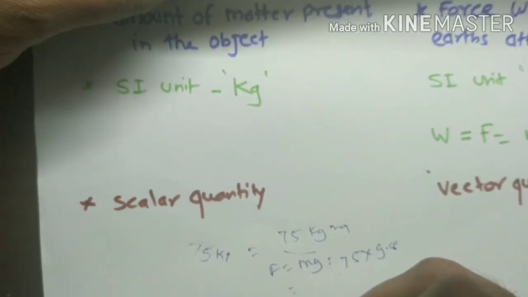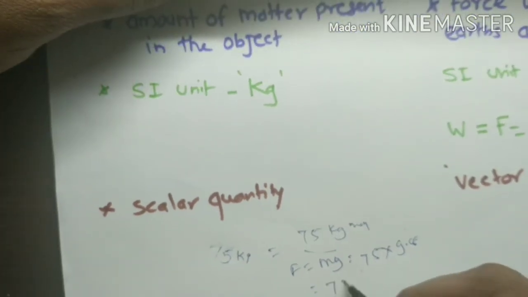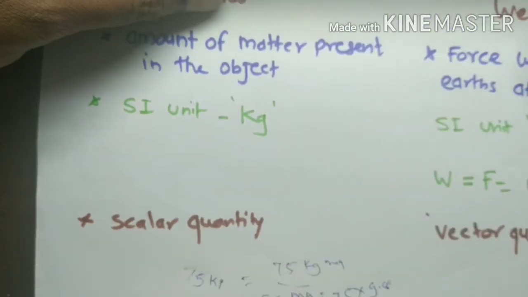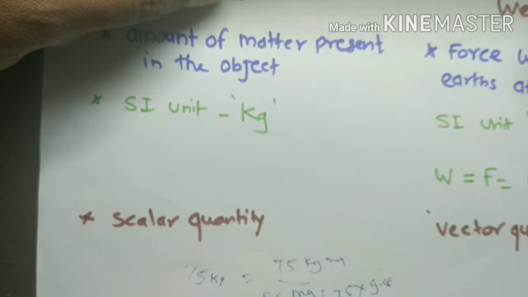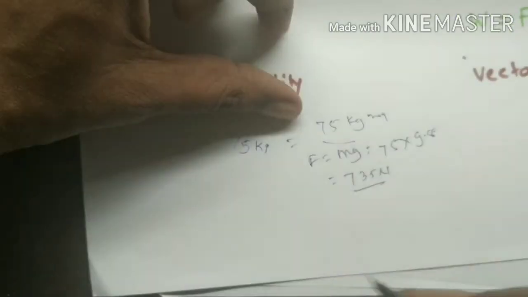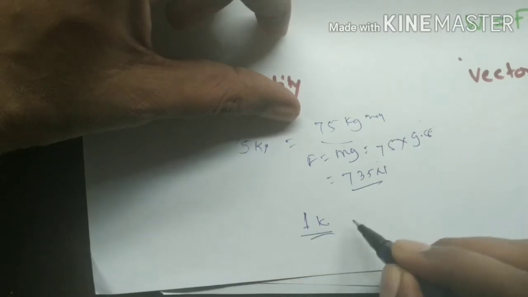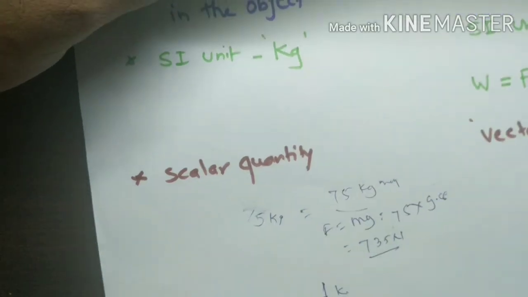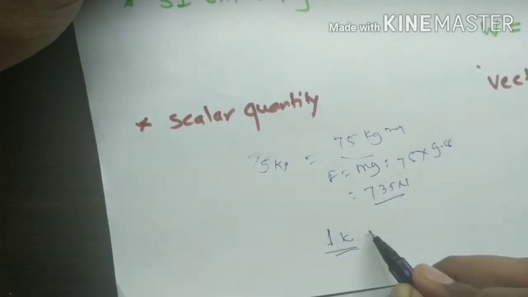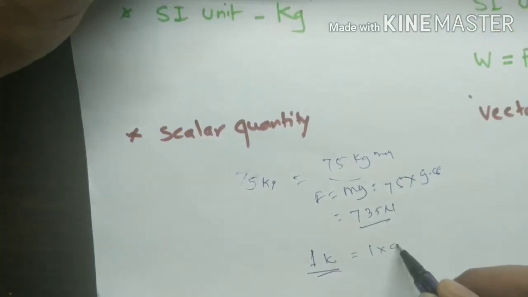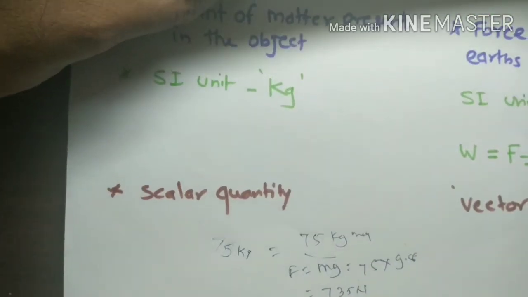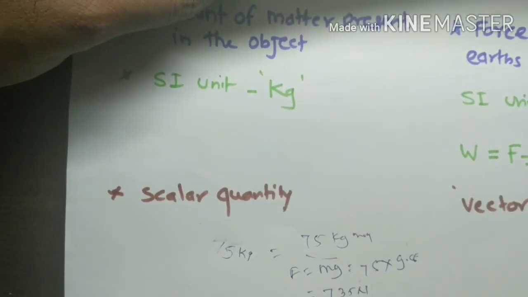The weight of a 1 kilogram mass is 1 into 9.8, that is 9.8 Newton. You should always keep this in mind. When you go to the weighing machine, it tells us the mass.